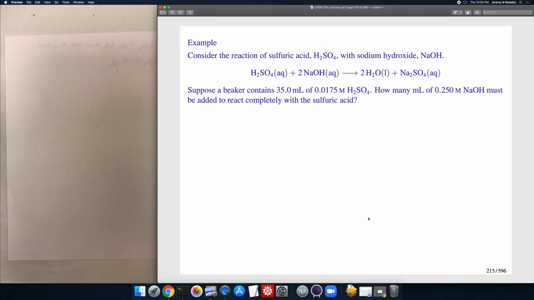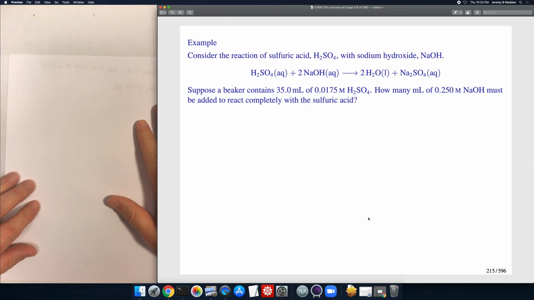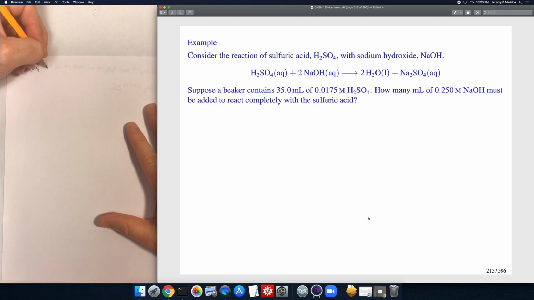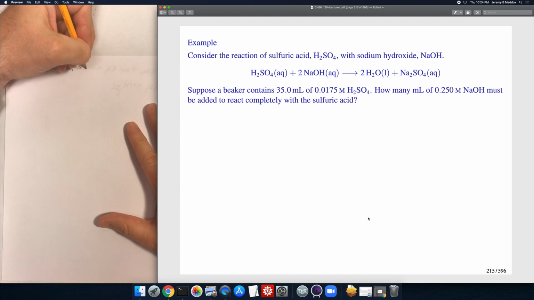And so let me illustrate what it is that we need to do. So we are going to convert the milliliters of the sulfuric acid solution to moles using the molarity. Then we're going to use the chemical reaction between sulfuric acid and sodium hydroxide to convert that to moles of sodium hydroxide.